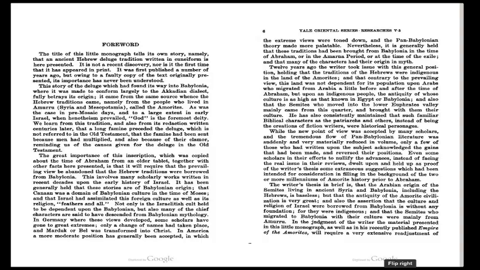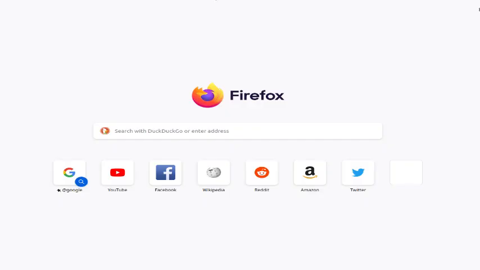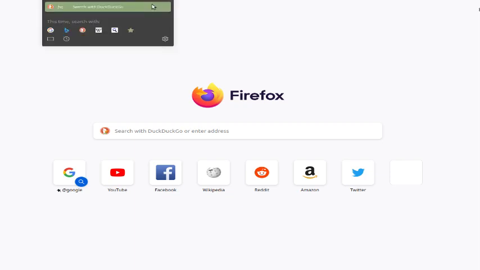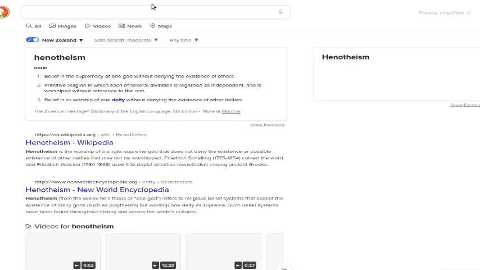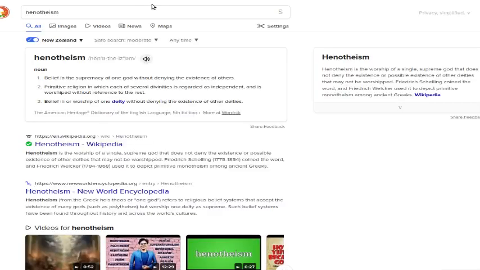What is henotheism? We can look that up. Henotheism. Never heard of that one. Belief in the supremacy of one God without denying the existence of others.